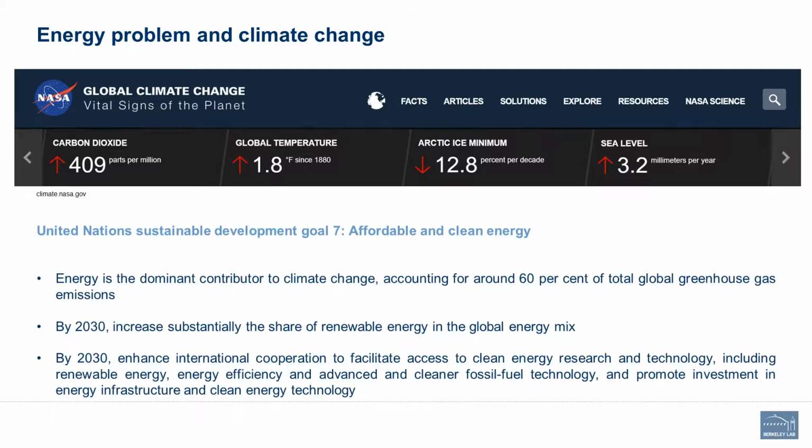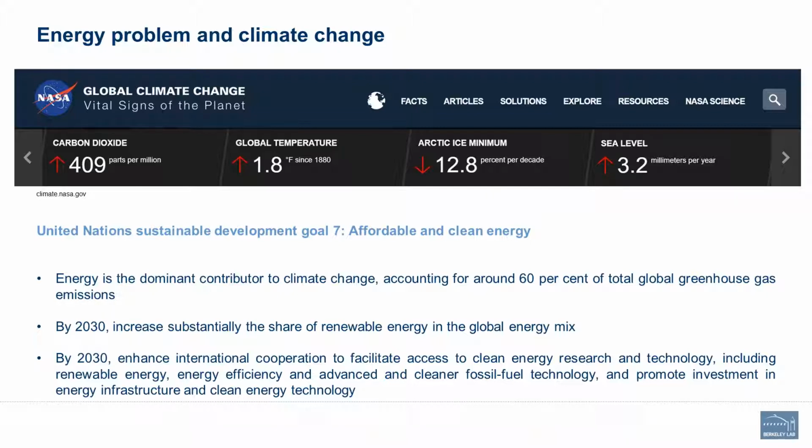this line, one can also look at the United Nations Sustainable Development Goal number 7, which is indeed on affordable and clean energy. So the United Nations recognizes energy as the dominant contributor to climate change, and in fact it accounts for 60% of the total greenhouse gas emissions.